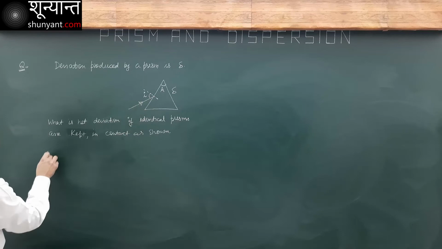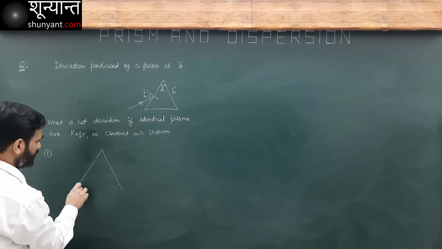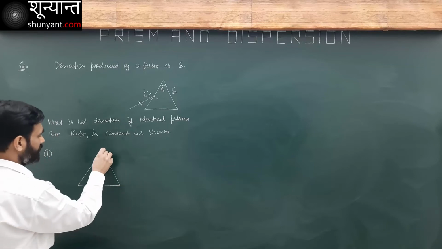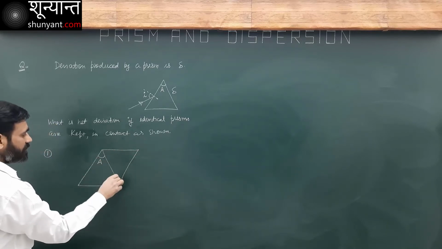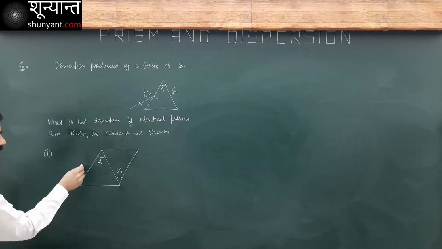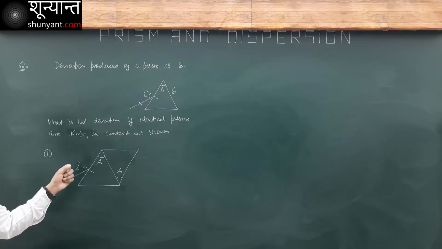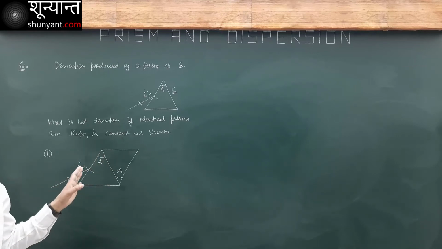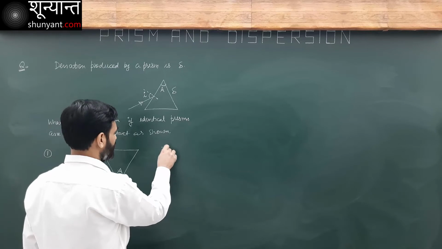Okay, it's like this. First case here. This angle is A. This is an identical prism. This angle is also A. My light is incident here at the same angle. Now what will be deviation in this case? And then second case.